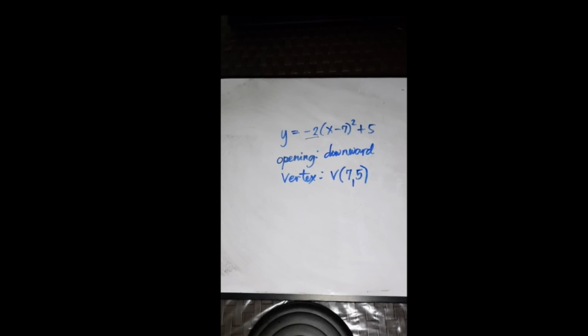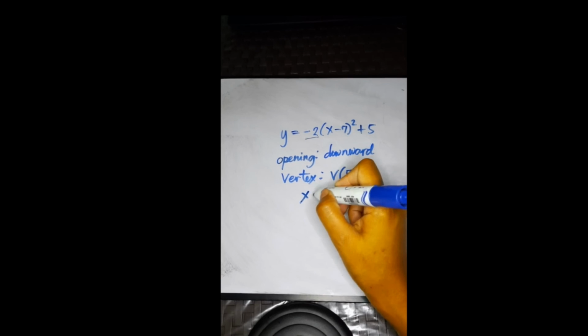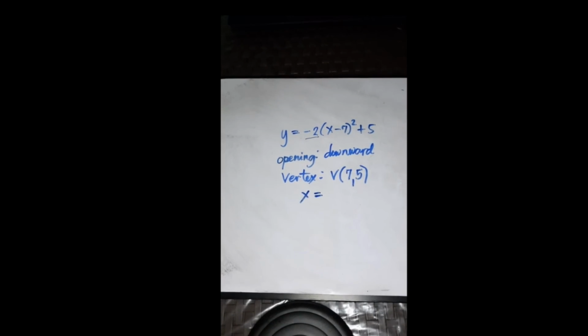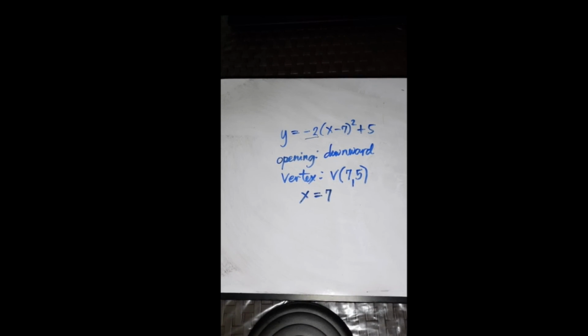So there, the vertex has a coordinate of 7, 5. How about the axis of symmetry? The equation of the axis of symmetry is determined by x is equal to h, and our h is 7. So therefore, the equation of the axis of symmetry is x is equal to 7.